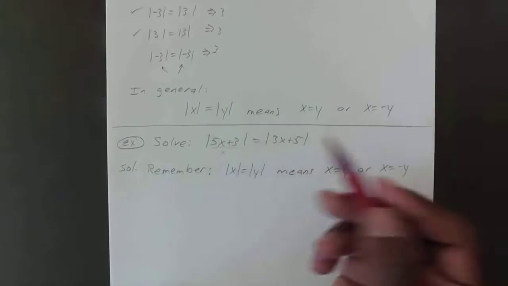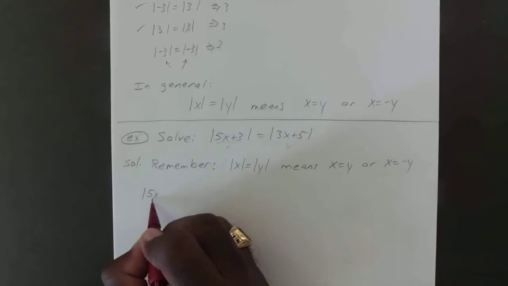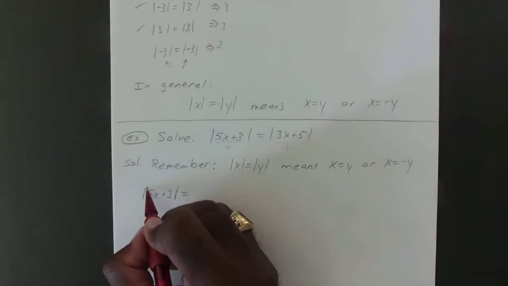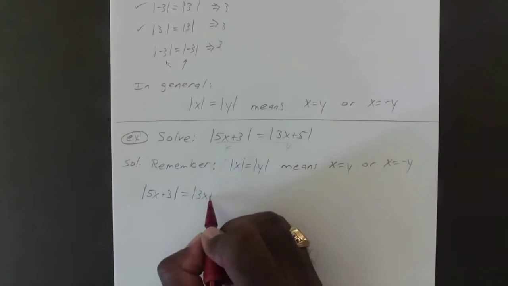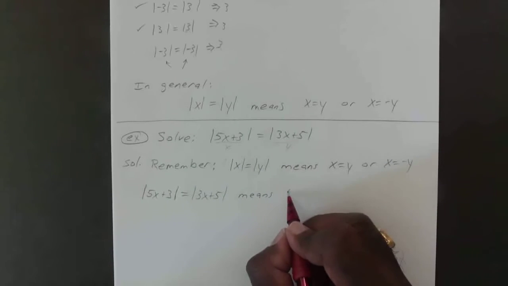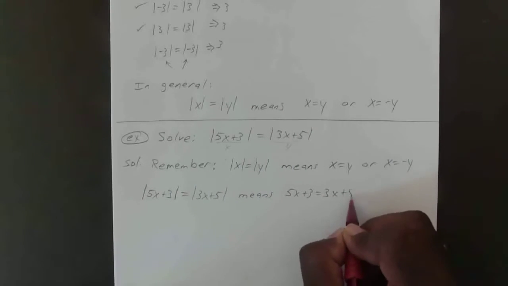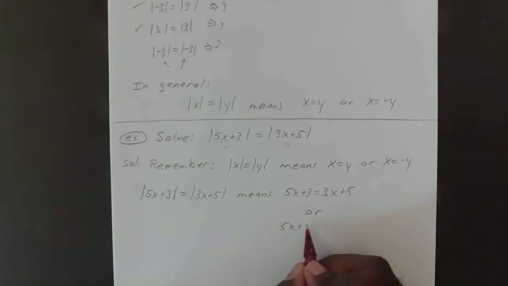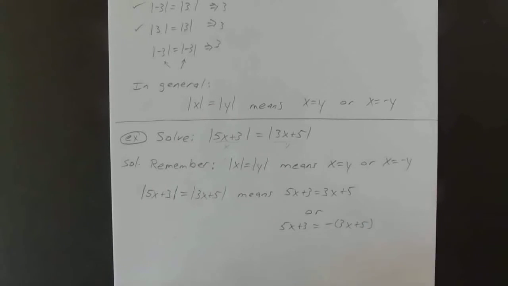So if this is your x, we'll call it x, and this is your y, the absolute value of 5x plus 3 equals the absolute value of 3x plus 5, that means 5x plus 3 can equal 3x plus 5, or 5x plus 3 can equal -3x plus 5.